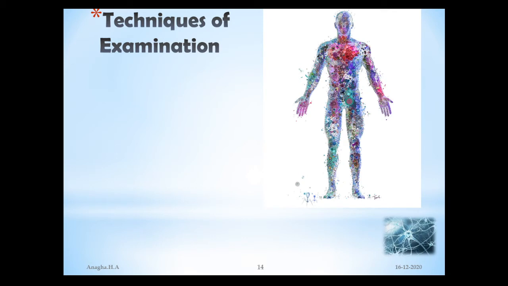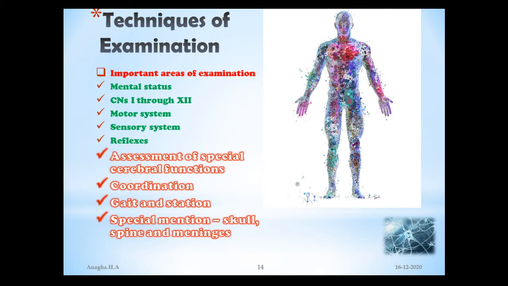Now coming to the techniques of examination. Basically the techniques of examination involve seven or eight categories. The important areas of examination are the mental status examination, cranial nerve examination from 1 to 12, motor system, sensory system, reflexes, assessment of special cerebral functions, coordination, gait and station.